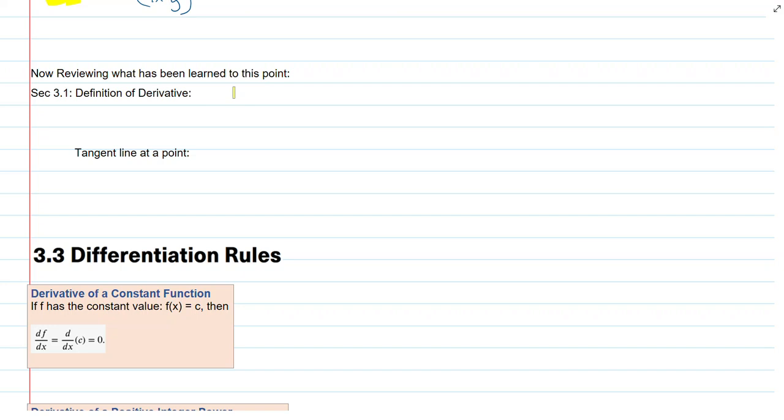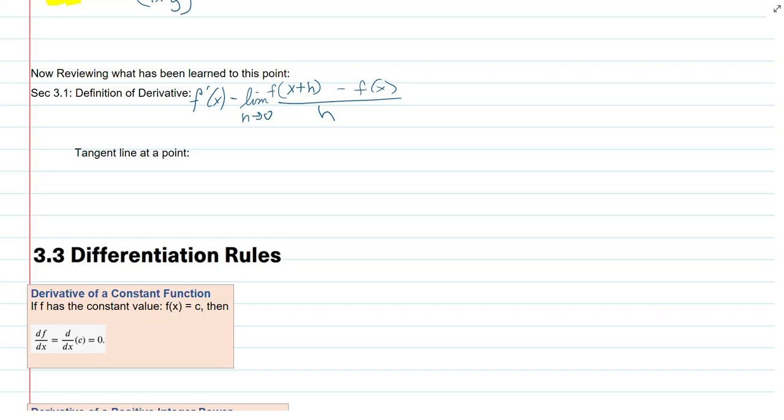The definition of a derivative is the limit: f prime of x is the limit as h approaches 0 of the difference quotient, the function with a change of x, sorry about that, I don't need a square there, minus the original function, divided by h.